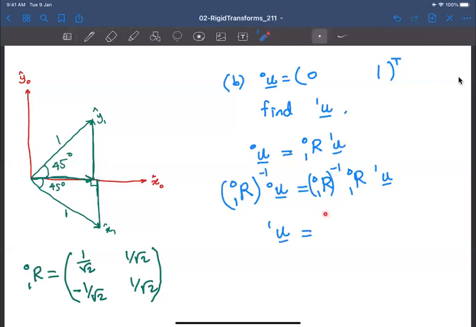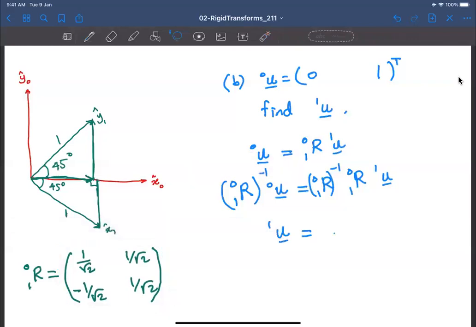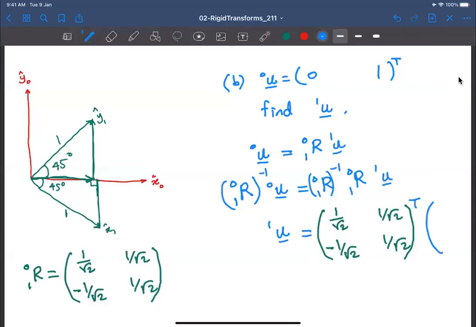So we have this matrix here, copy and then paste here, multiplied by, but we have to transpose it first, okay? And this is multiplied by 0 and 1, which is u in 0.